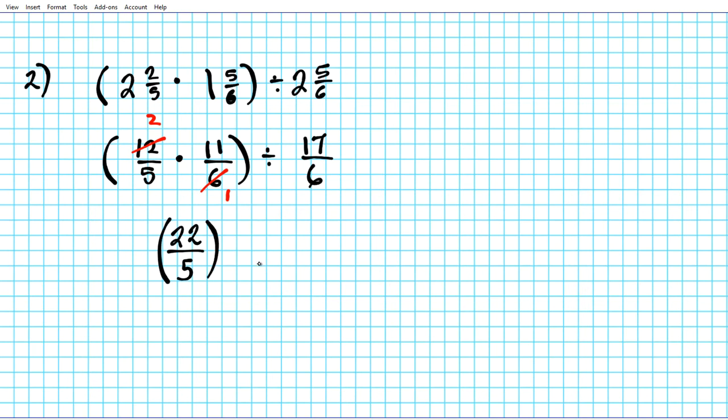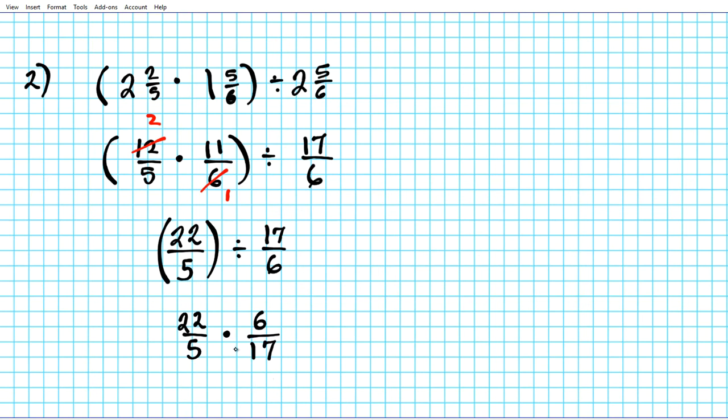Now, when you're dividing fractions, I'll do that step next. So 22 over 5 divided by 17 over 6. When you're dividing fractions, it's the same thing as multiplying by the reciprocal of the divisor. So 22 over 5 divided by 17 over 6 is the same thing as 22 over 5, the dividend, times the reciprocal of the divisor, 6 over 17.